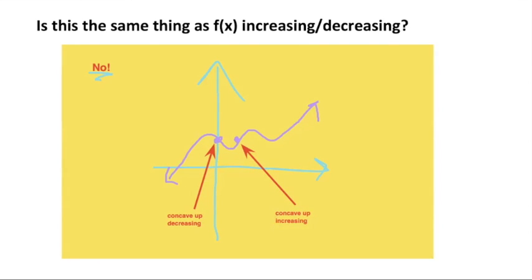There are places where f of x is concave down while it's increasing. And there's a place right here where f of x is concave down and decreasing. So it's important to recognize that these are actually independent concepts and worth holding on to.